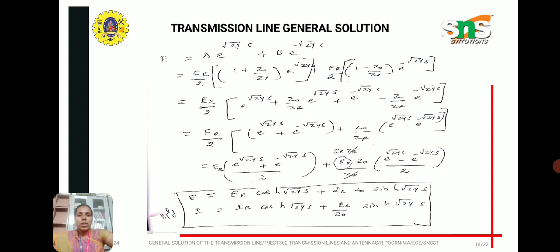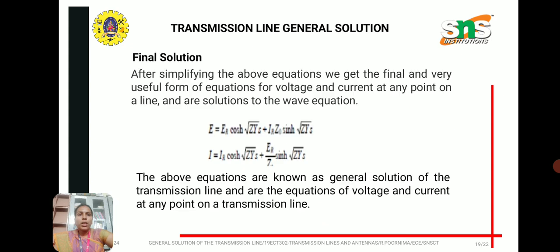So there are two standard forms of general solution of the transmission line. The final solution is a simplified and useful form of the equations for voltage and current. The above equations are known as the general solution and equations of voltage and current at any point on the transmission line.